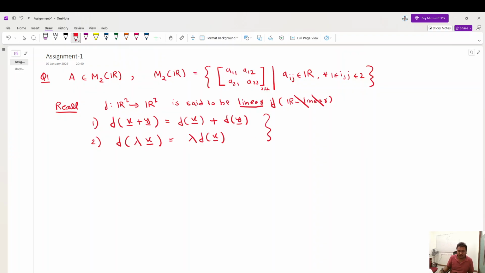This is for every x bar, y bar in R2 and lambda in R. If you don't recall what this bold R means, it is the real numbers. I think I have said it.